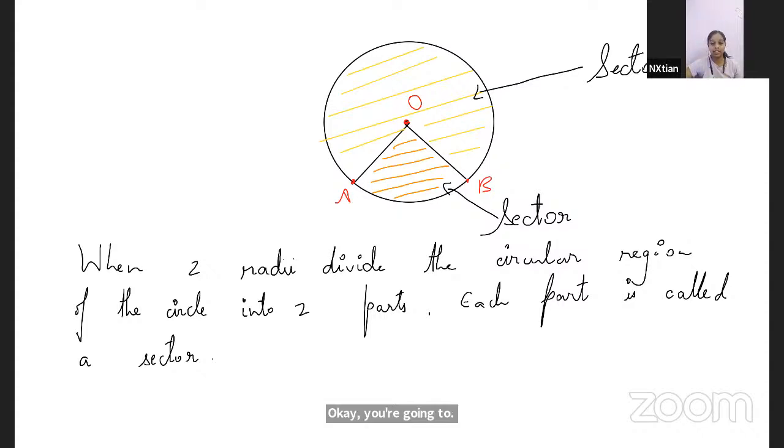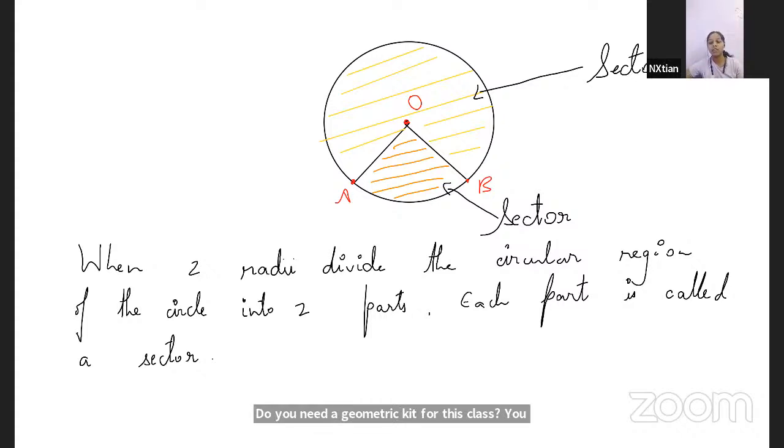Now, any doubt in anything until now, you can ask. Yes, Abraham, tell me. Do you need the geometry kit for this class? You will need it in the next class.